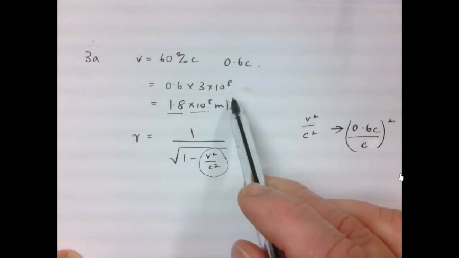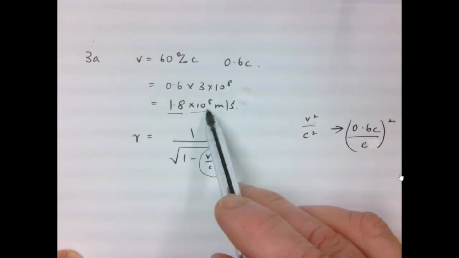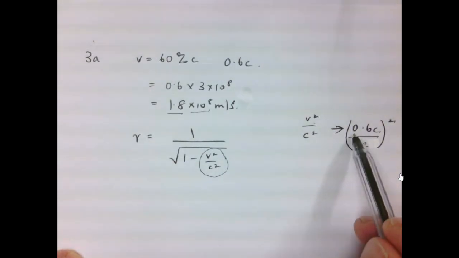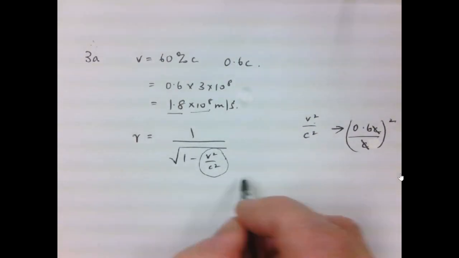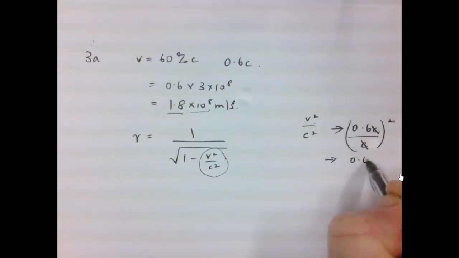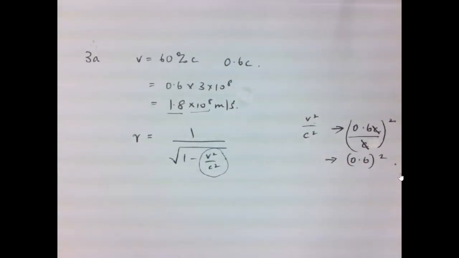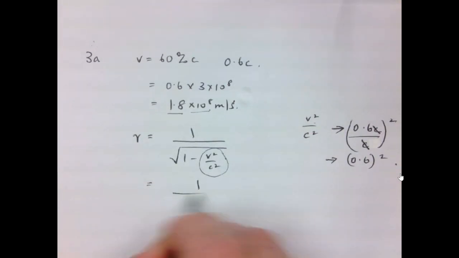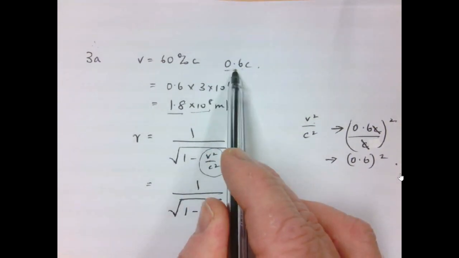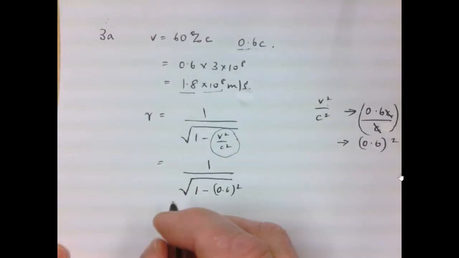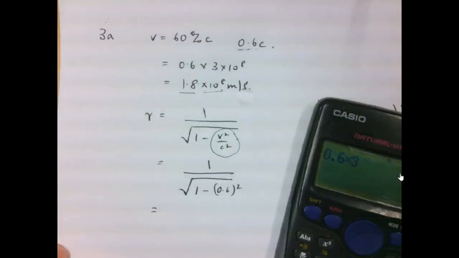Rather than using this figure up here, which is 1.8 × 10^8, if we were just to use the decimal of light, the c's will then cancel, and that gives us 0.6 squared. So this entire fraction is replaced by this decimal squared. This means that the gamma factor is easy to calculate and makes it much easier.